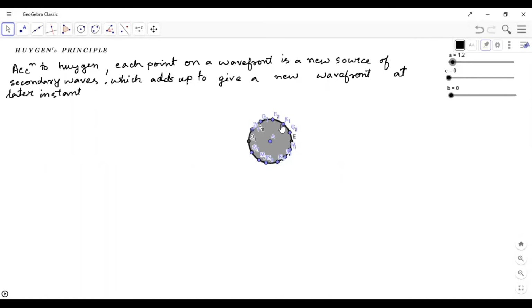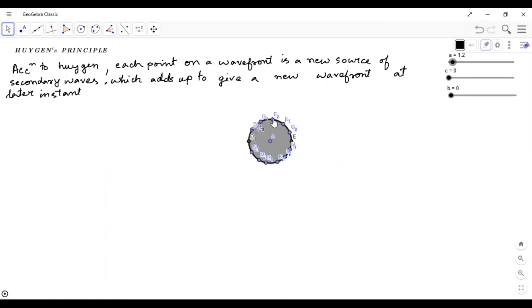Since they are point sources, the shape of the wavefront for each one of them will again be spherical, because they will be emitting light in all directions uniformly from each individual point.